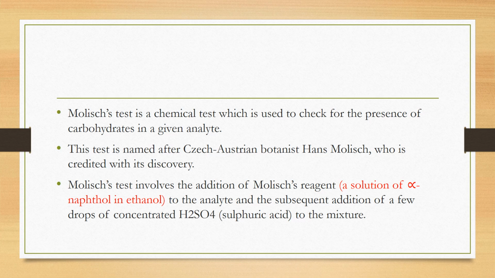The Molisch reagent consists of a solution of alpha naphthol in ethanol. We will use this reagent in the Molisch test, and we also add a few drops of concentrated sulfuric acid to the mixture.